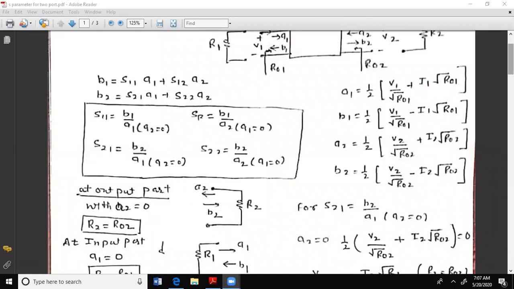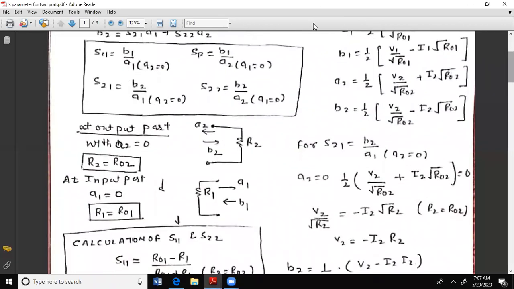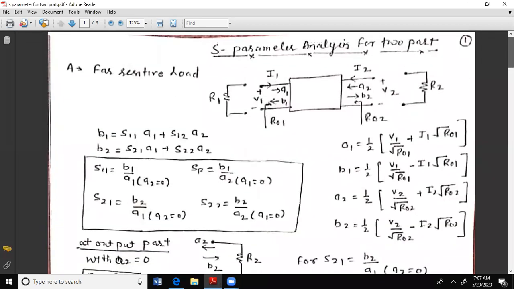Same in the case of R1, the input port: when A1 equal to 0, it means R1 equal to R01. So what is the sense of R01 and R02?